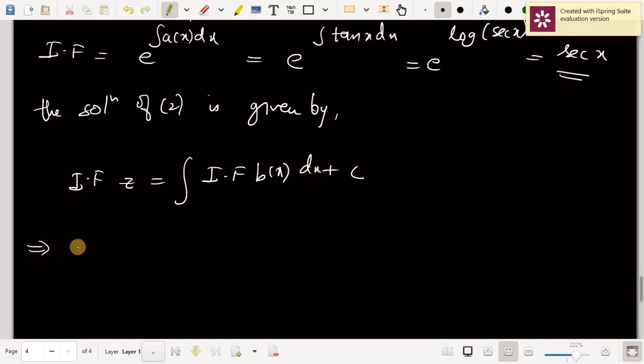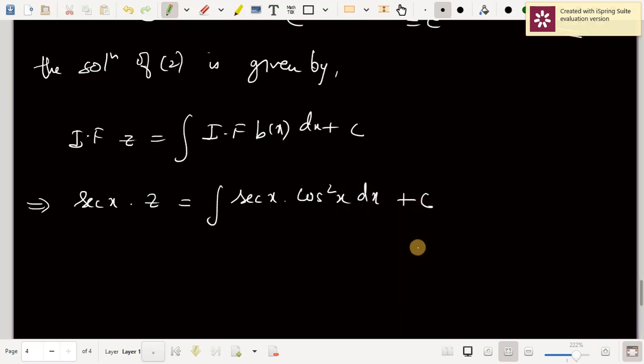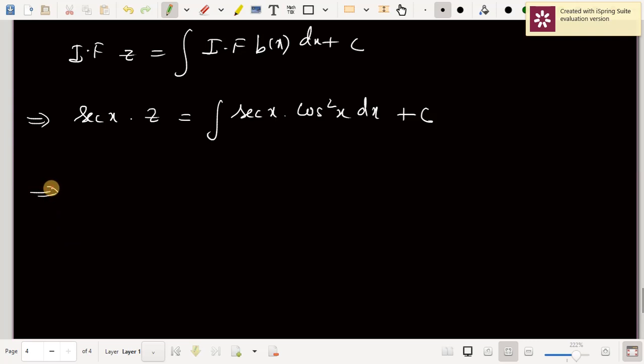That's same as writing sec x into z is equal to integral of sec x into b of x, that's same as cos square x dx plus c. So that's same as writing the value of z, that is sec y, so you just substitute: sec y is equal to integral of this. This is same as sec x is same as 1 by cos, and so 1 by cos gets cancelled, so integral of cos is same as sin x plus c.